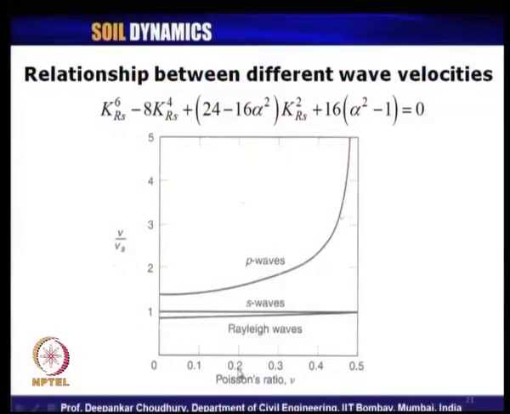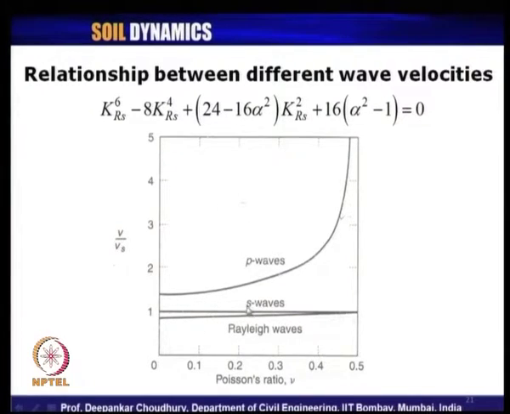And how the variation behaves for different ranges of Poisson's ratio, let us look at this chart. So, with variation of Poisson's ratio, you can see this V can be Vp, Vs or Vr, depending on which line you are selecting. Okay.